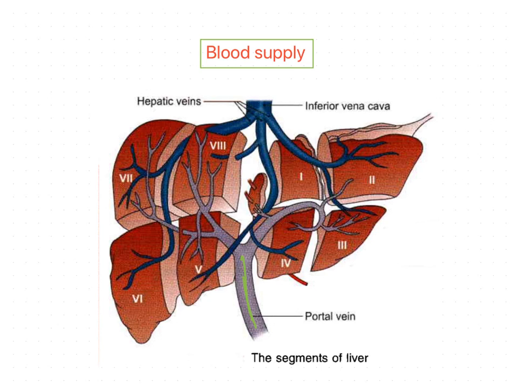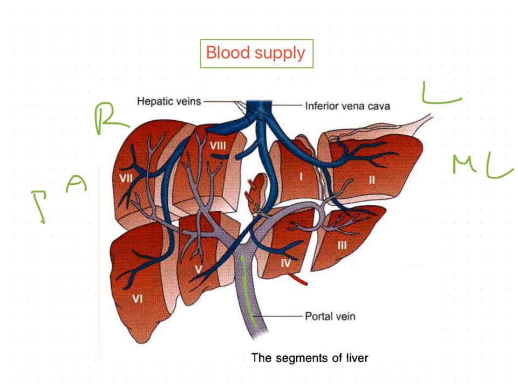The 8 biliary segments are, so this one is right and left. The right side is divided into anterior and posterior divisions, whereas the left side is divided into medial and lateral segments.